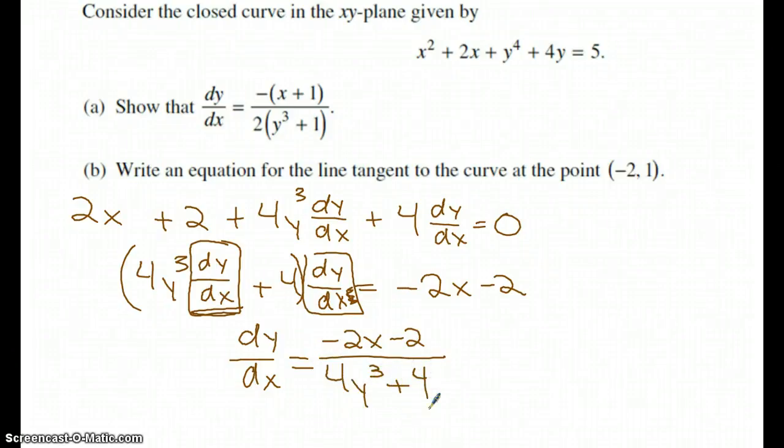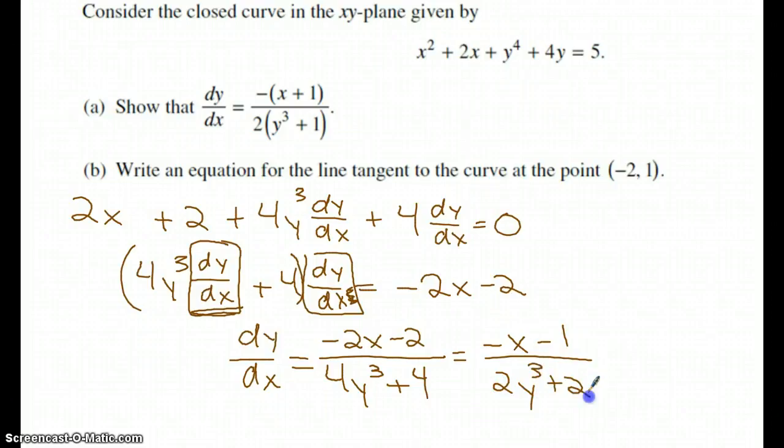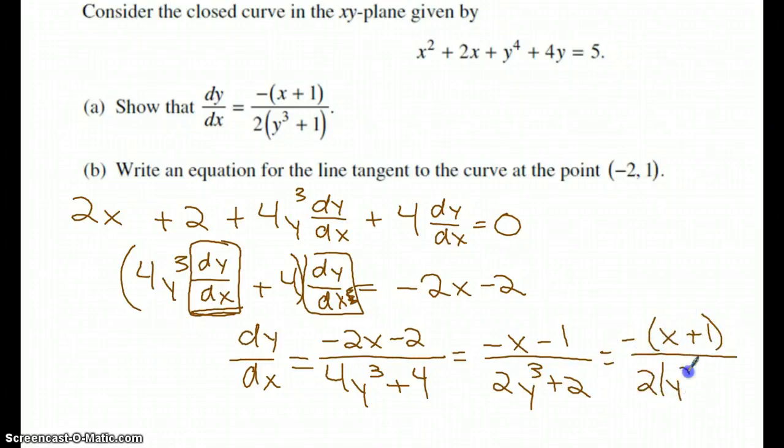We can reduce each by 2, so that's where we get negative x minus 1 all over 2y cubed plus 2. Factor a negative out of our numerator, x plus 1. Factor a 2 out of our denominator, y cubed plus 1. So there we go. That is our derivative.